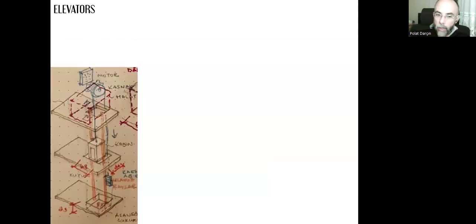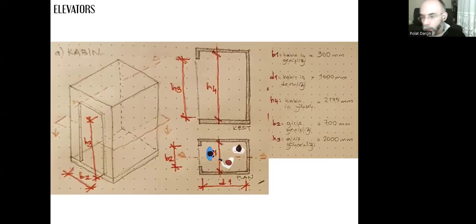This is the typical appearance of different floors. We have this hoistway, we have this gap, and the gap needs to be bigger than the sizes of the cabin. It cannot be the same, otherwise the cabin will get stuck in that hole. So we need to first determine the minimum required sizes of the cabin, that B1 and D1.